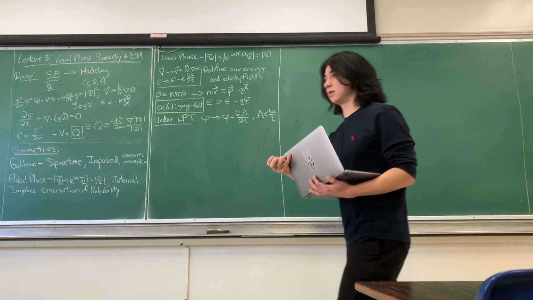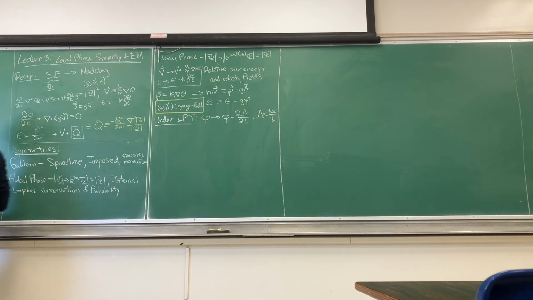So does phi have anything to do with our potential V plus q, or is it completely separate? Maybe for simplicity, I will drop V here. V is some external potential. It has nothing to do with any of this. You can see that under a local phase transformation, these are unchanged because this depends on the norm and this is just external. So these are almost unimportant.